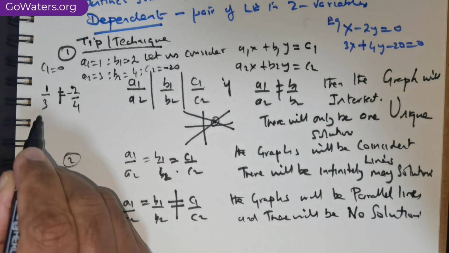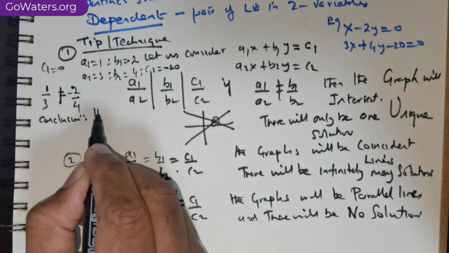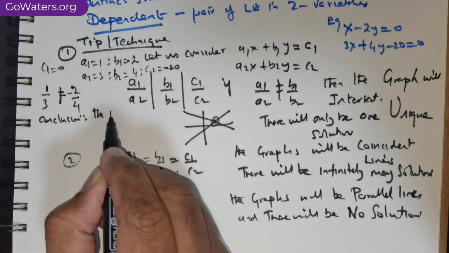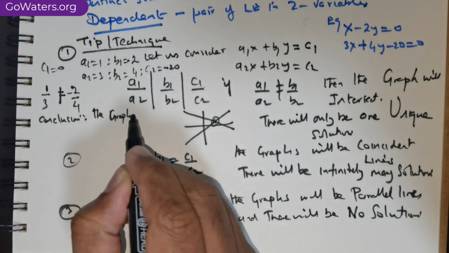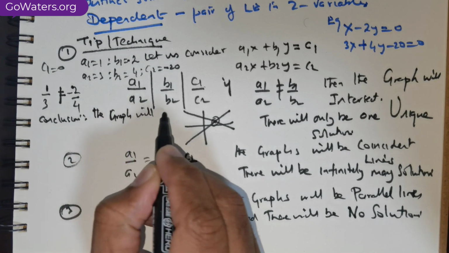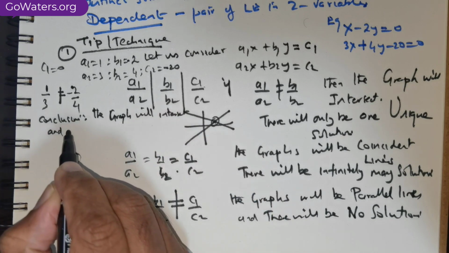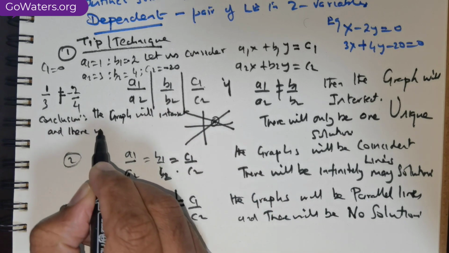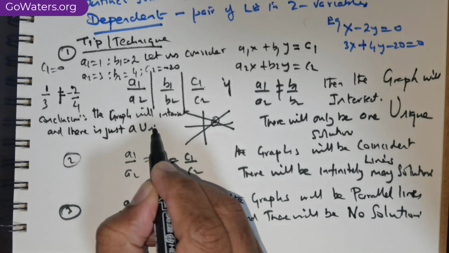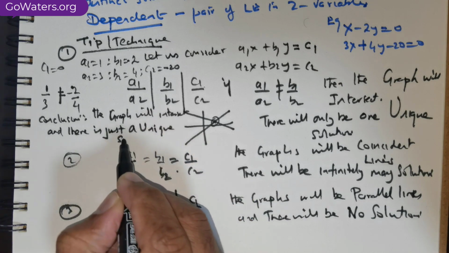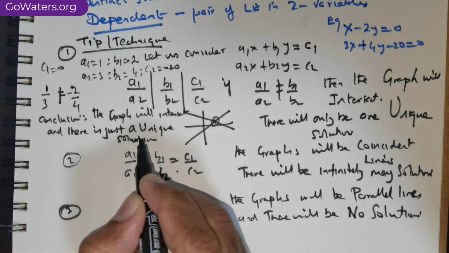So you can state the conclusion like this. Conclusion: if they are asking you to conclude on the pair of linear equations, you can simply say the graphs will intersect, and there is just a unique solution.